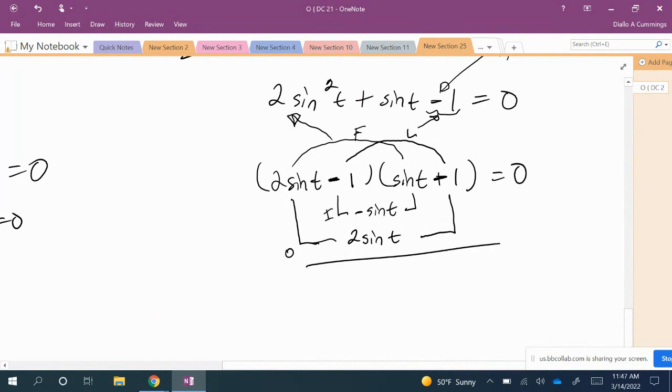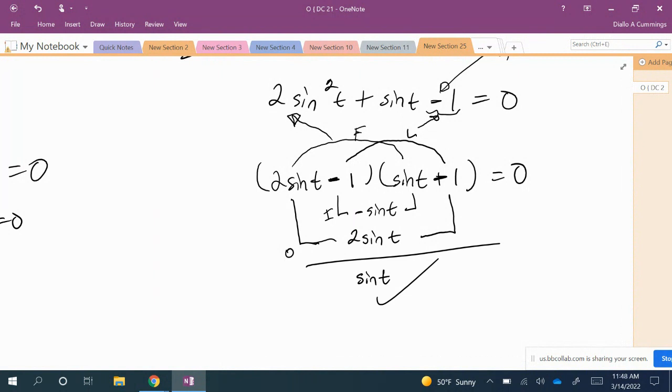Those are my innermost terms. Now I'm going to add these two things together. Negative sine t plus 2 sine t is positive sine t, which gives me the correct middle term. So I know that my factorization is correct.